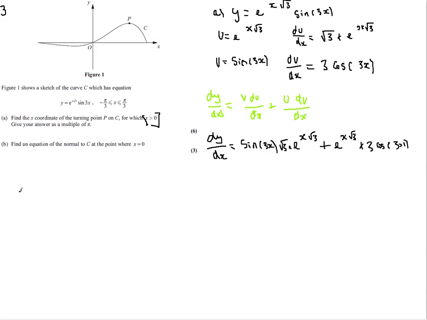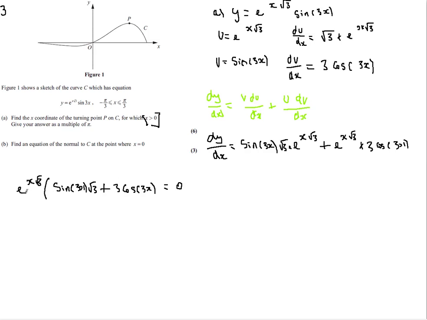And we can tidy that up a little. We can take e to the x root 3 outside, and we have sine 3x times root 3, plus 3 cosine 3x. It's probably better if I wrote that the other way around, but never mind. Now we know that this is going to equal 0. That means that either e to the x root 3 equals 0, or the part inside the bracket equals 0.